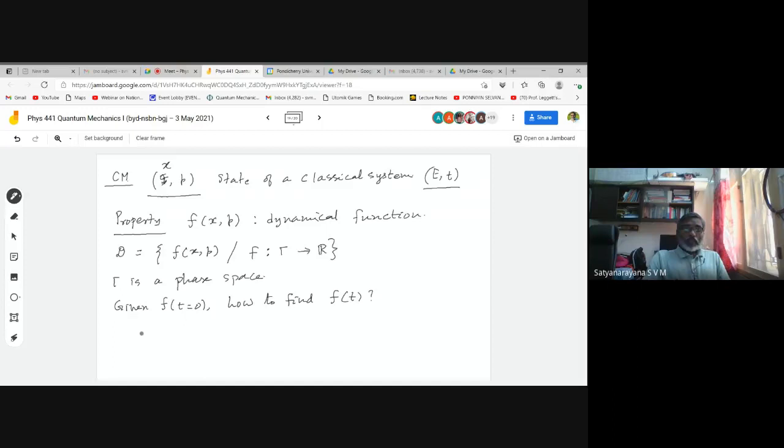I can do this in one way. For example, I ask what is df by dt. I can write it as dou f by dou x into x dot plus dou f by dou p into p dot. But you know, in Hamilton's equations, x dot is equal to dou h by dou p, and p dot is equal to minus dou h by dou x.